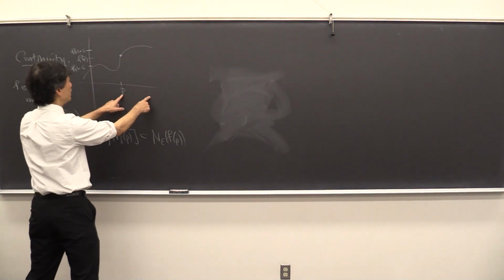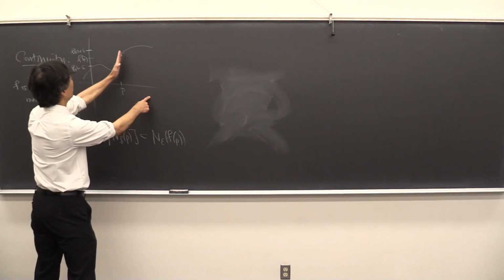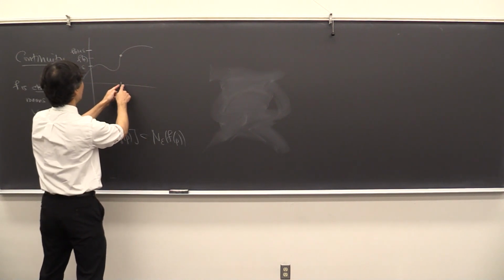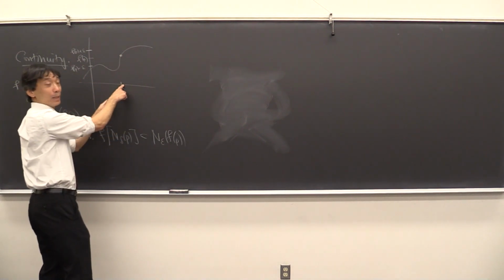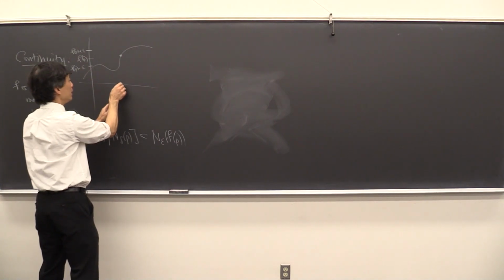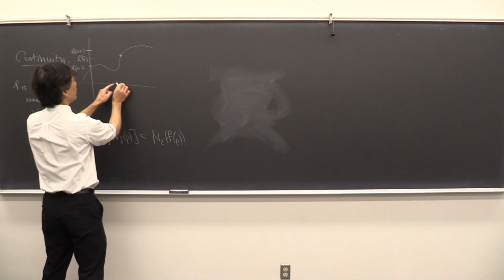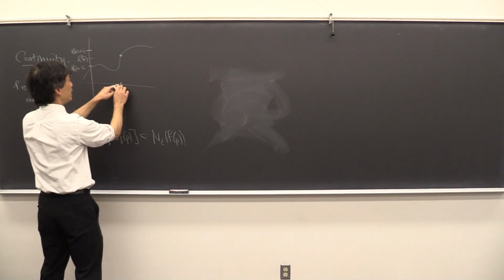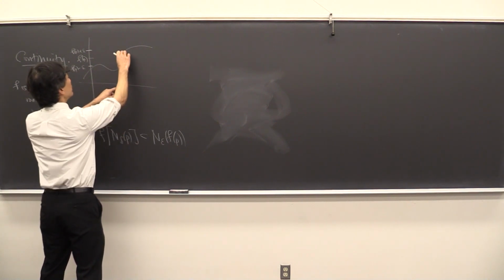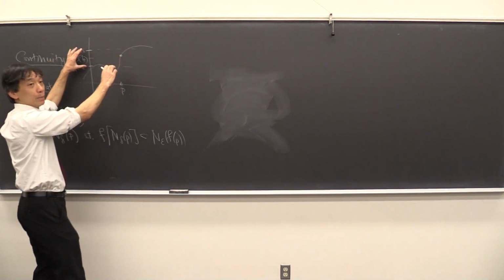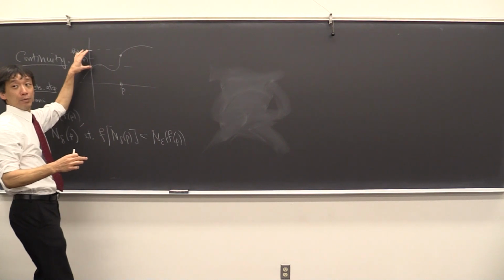No. In this case my function is changing pretty rapidly, so I need to take a delta about this wide. Do you see that? If I take the delta like this, then everybody in this delta neighborhood stays within the prescribed epsilon neighborhood.